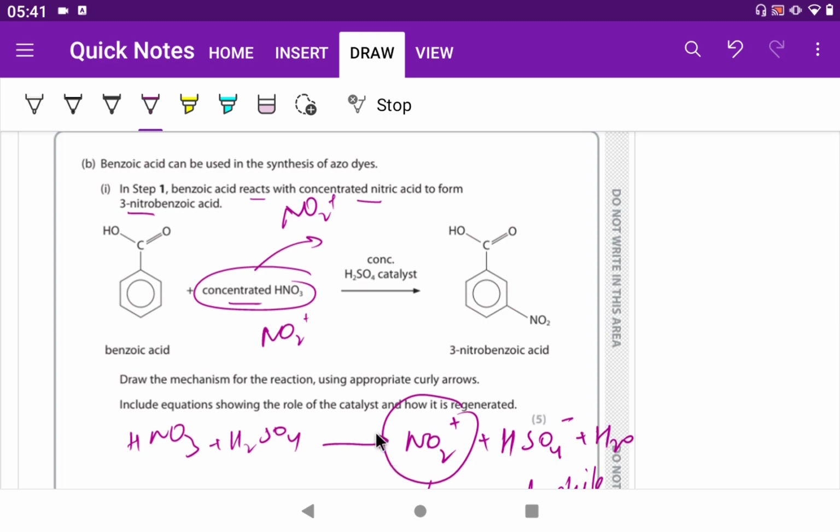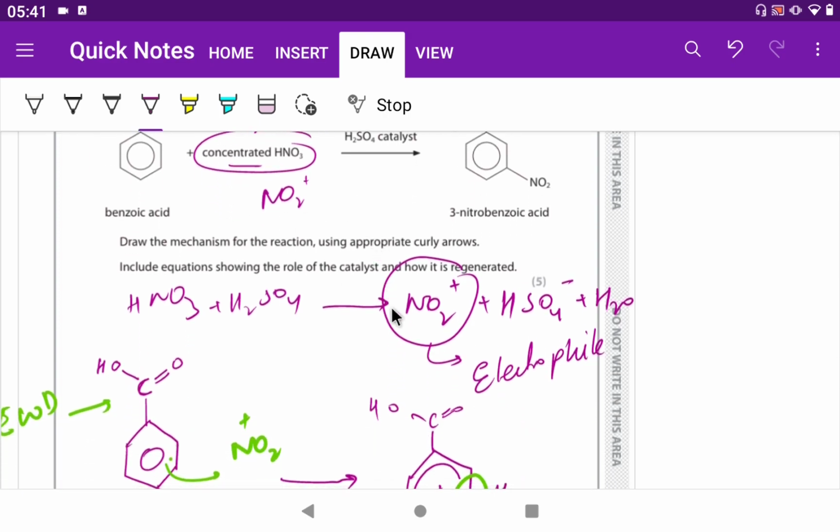The reaction takes place like this, and it is an electrophile. This one has an electron withdrawing group, so the attacking site is meta. This is ortho, this is para, and this is meta.